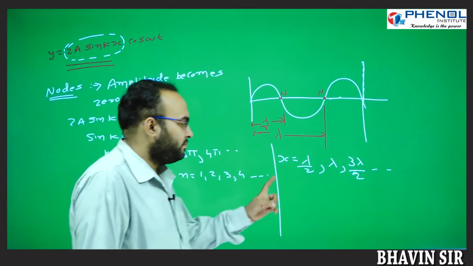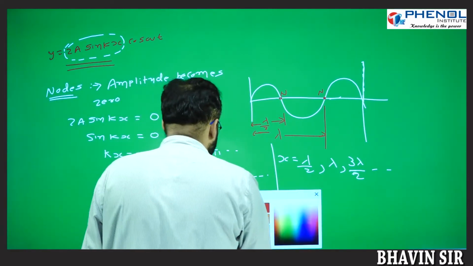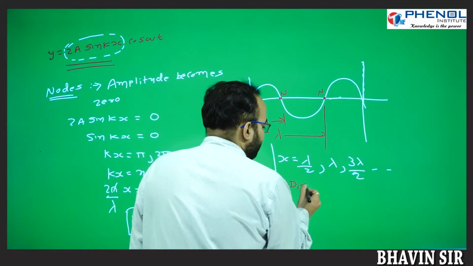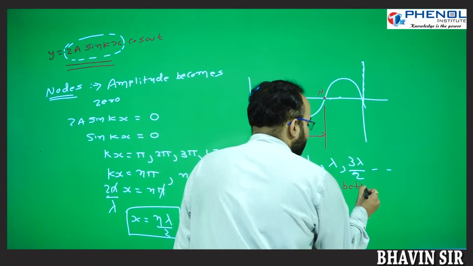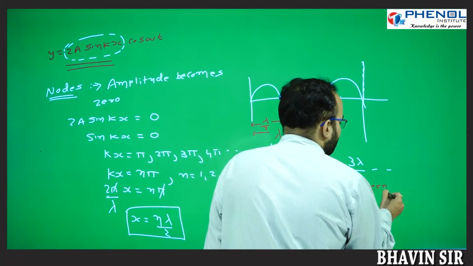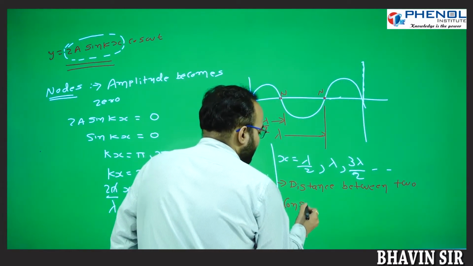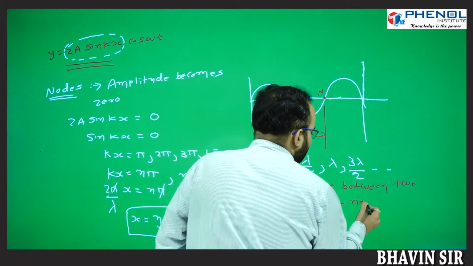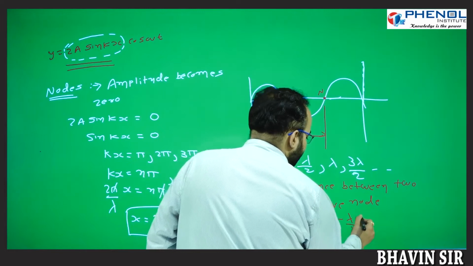And what is the distance between two consecutive nodes? Lambda minus lambda by 2.